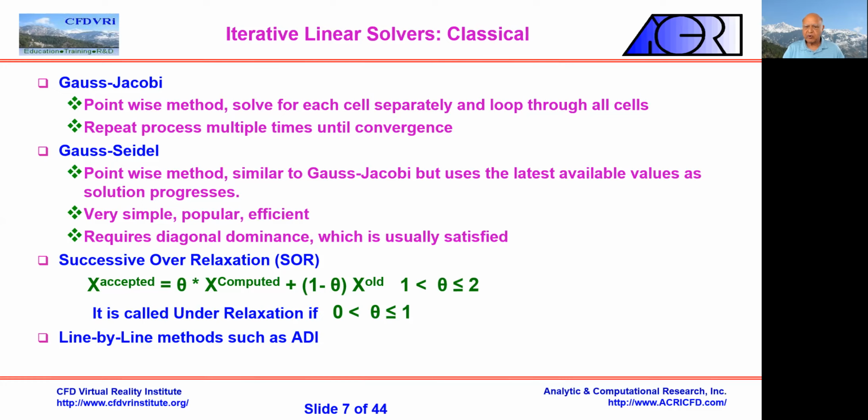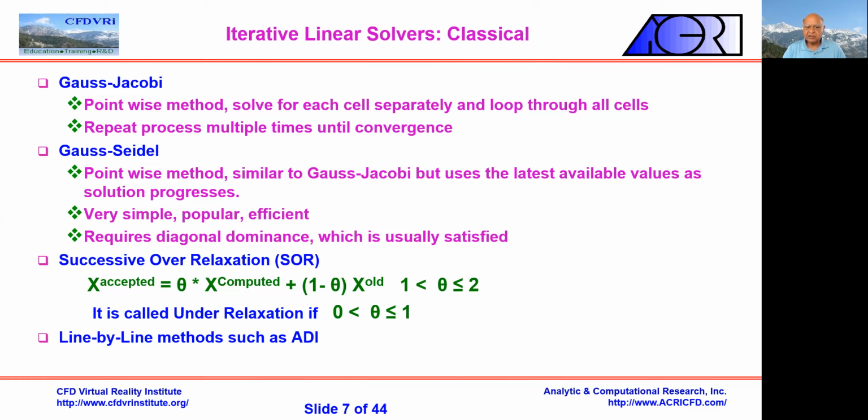You come to point number 1, let's say it's connected to 2, 3, 4, 5. For 2, 3, 4, 5, you use the old values, and at 1, you compute the new value from these. So it's an explicit system, okay? You repeat it till you get convergence.